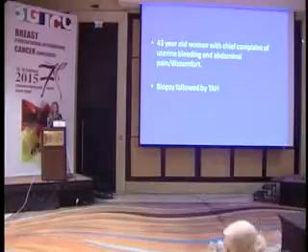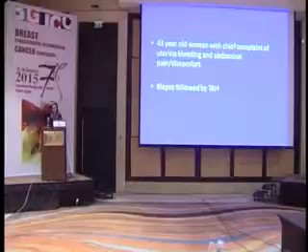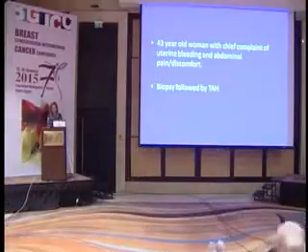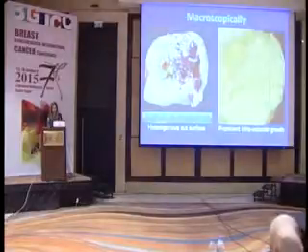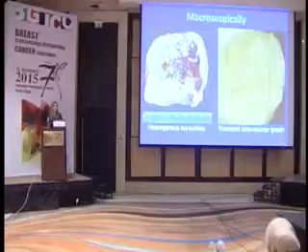Okay. If I can beat them with my voice, it's a 43-year-old woman with a chief complaint of uterine bleeding and abdominal pain and discomfort. Biopsy followed by TAH. And she had a huge uterine mass. And your differential diagnosis?